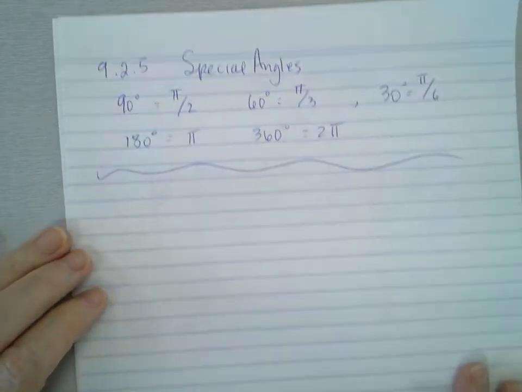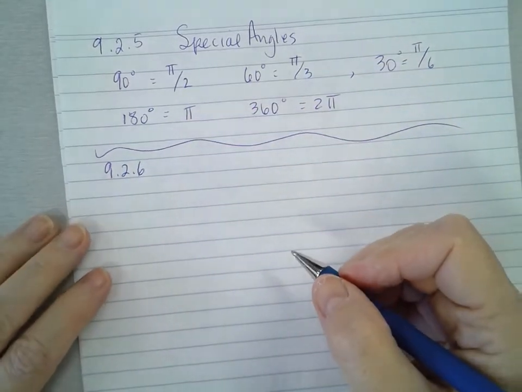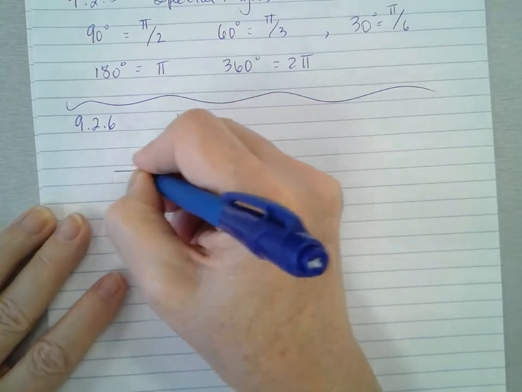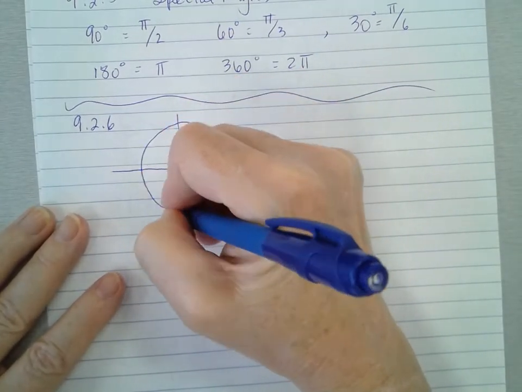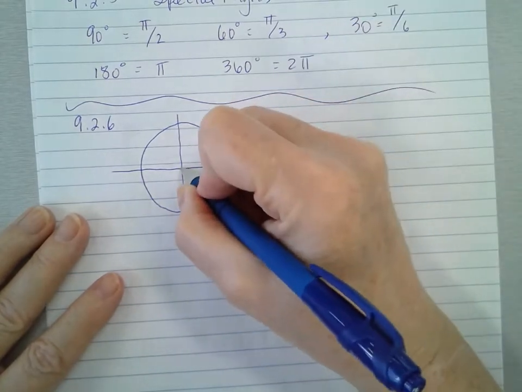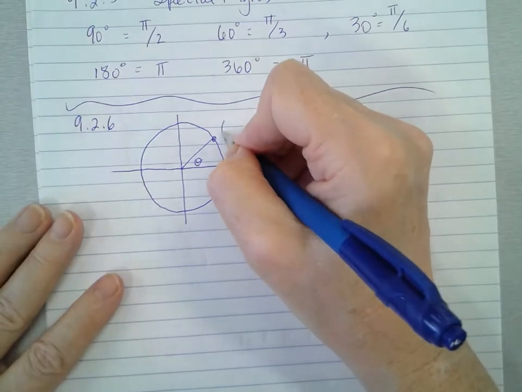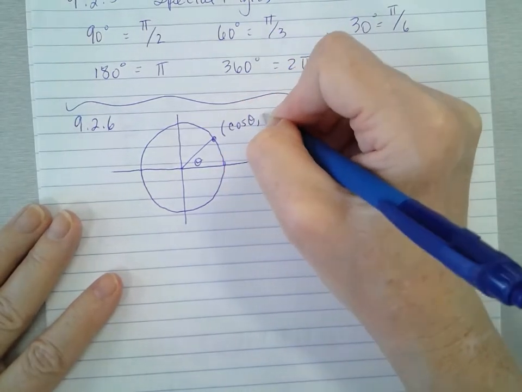I need you to look at 9.2 in your book, the one that goes through the unit circle definition. It says that if I draw this here, this point is actually going to be cos theta, sine theta.